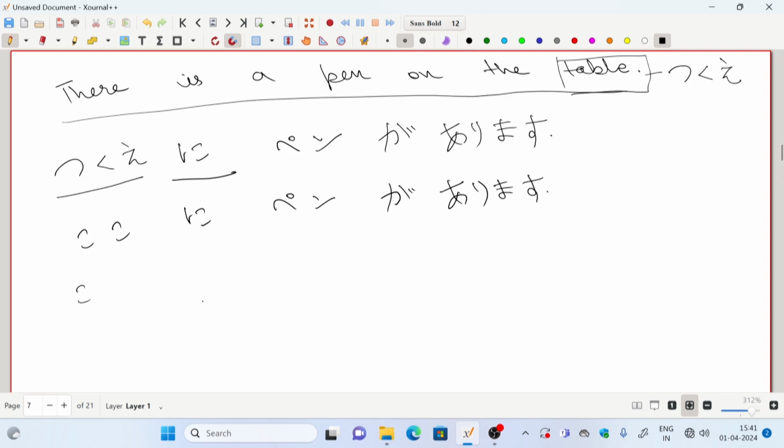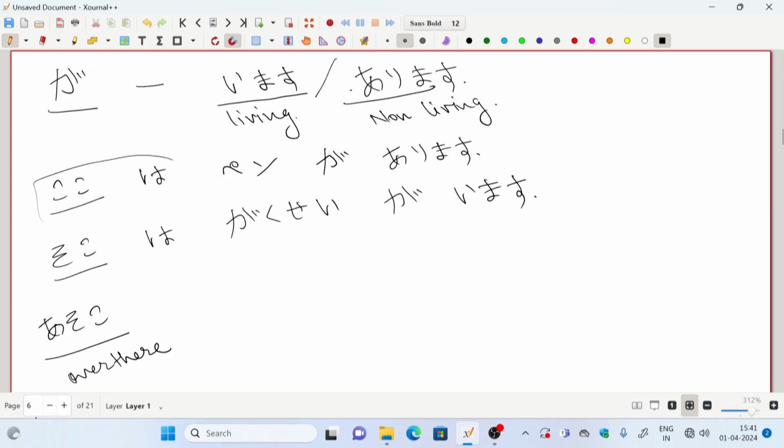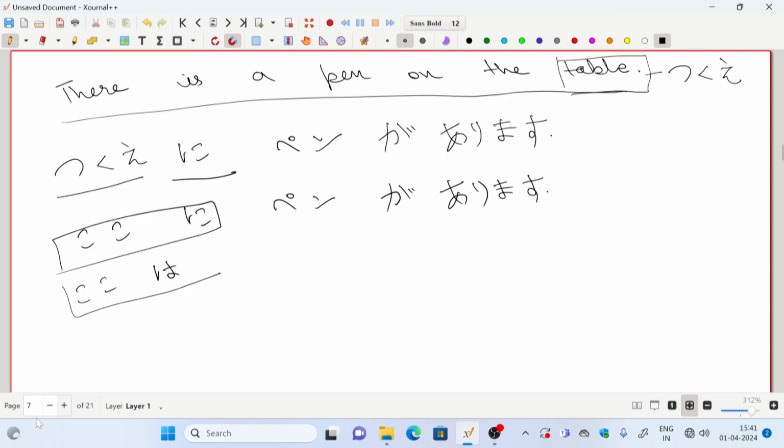So, in earlier sentences, we have used koko wa and now we are using koko ni. When we are using koko wa, we are actually putting koko as a topic. And when we are saying koko ni, we are putting very clearly that this is the location, not only the topic.